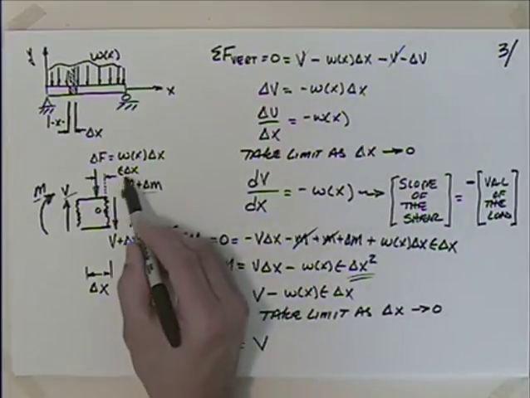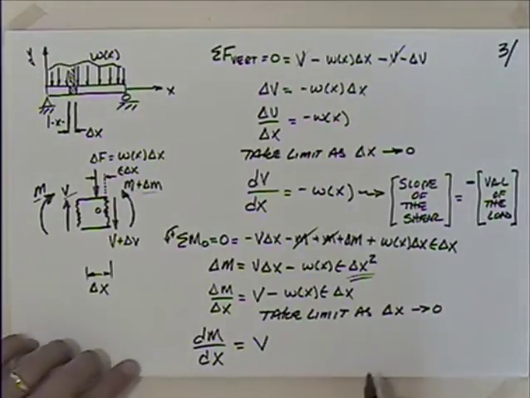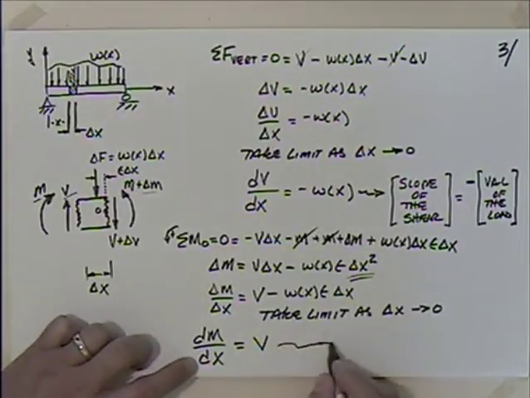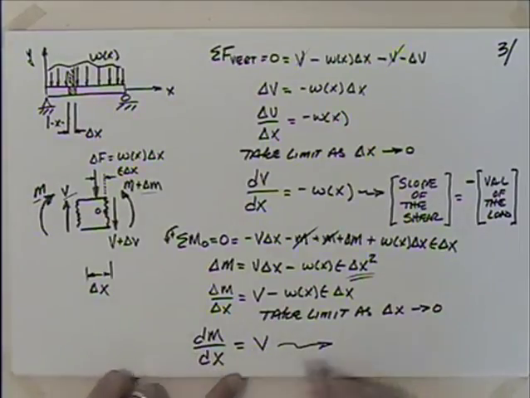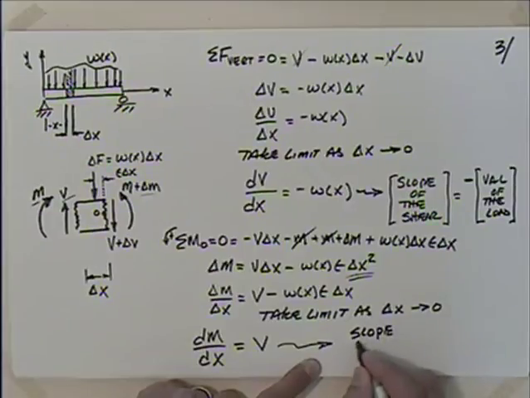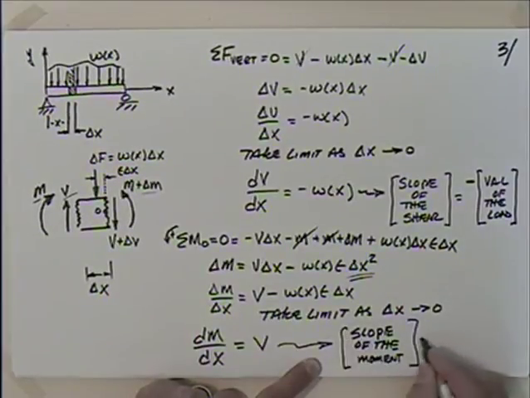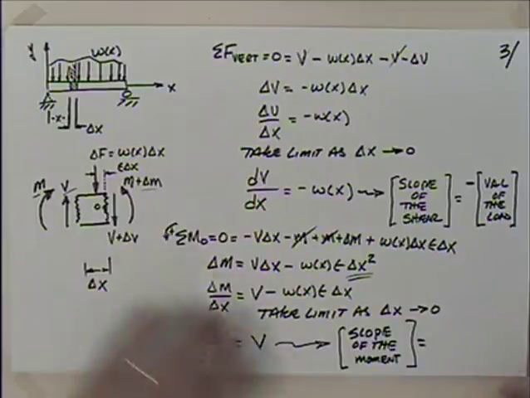That's why I was a little flippant or careless about epsilon, because I knew it was going to go away, this higher order term. So that drops off. What does this say in plain English? It says that the slope of the moment diagram is equal to what? The value of the shear.